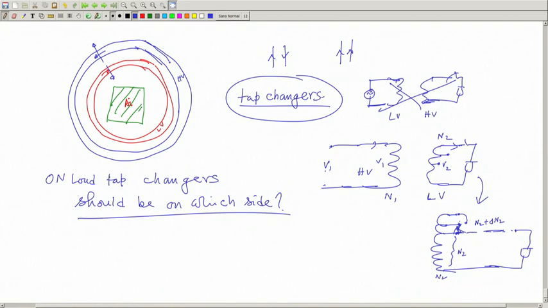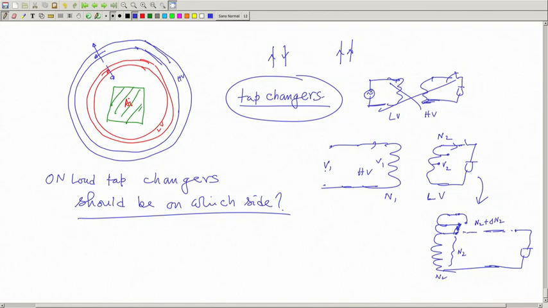Therefore, tap changers should always be on the HV side, because you have to make and break current which is large, the load is already connected, particularly with on load tap changers. Hundreds of amperes of current is flowing, and you suddenly want to move this one to increase the voltage a bit.